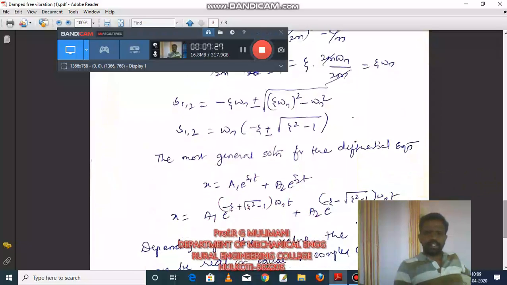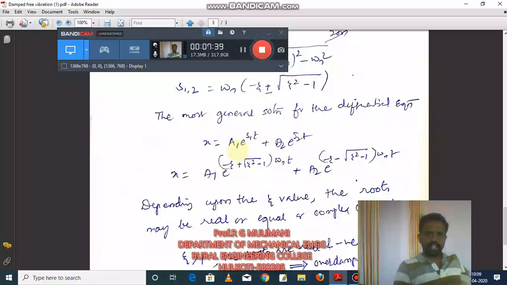Okay, all the solution depends upon the zeta value, whether it is positive, negative or 0. The solution for the differential equation, as it has two roots, we have considered two roots. The most general solution for the equation is x is equal to a1 e raised to s1 t plus a2 e raised to s2 t, where s1 and s2 are the roots.